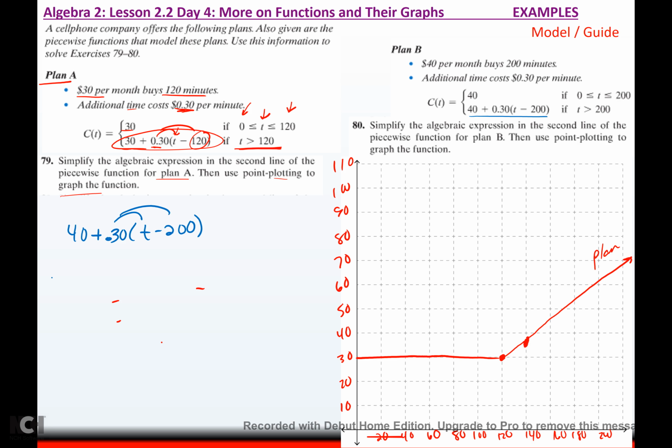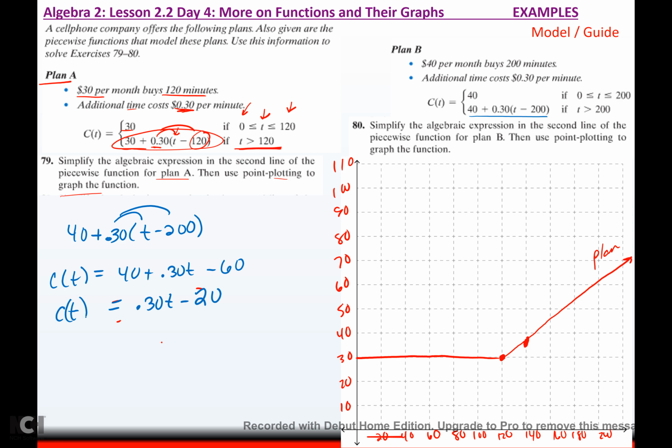So if I distribute, I get C of t equals 40 plus 0.30t, and 0.30 times 200 is going to be 60, so minus 60. So simplify that, it's 0.30t minus 20.